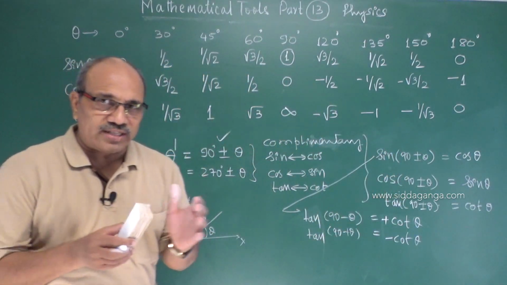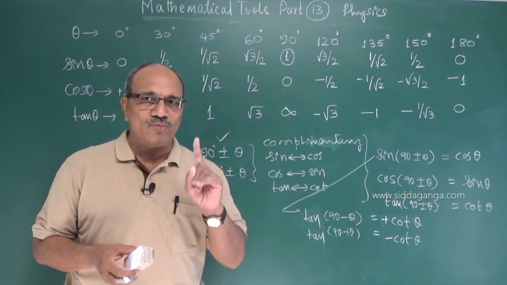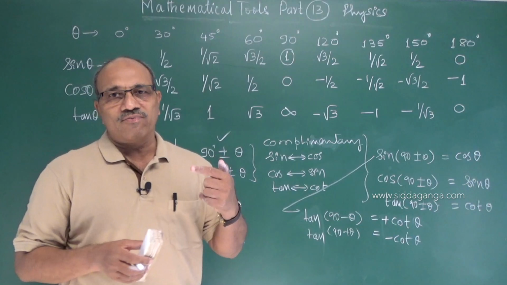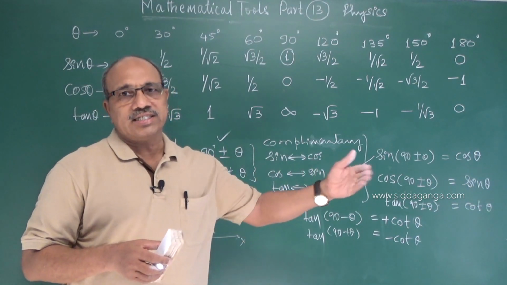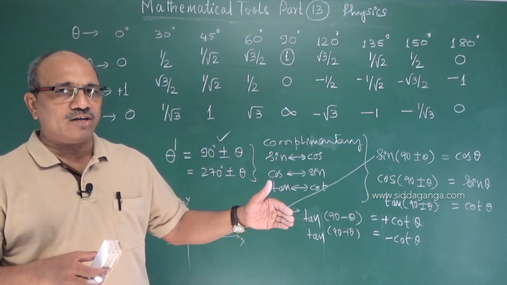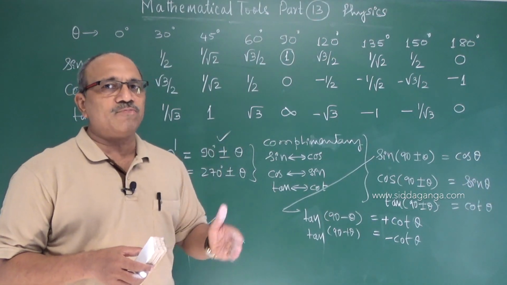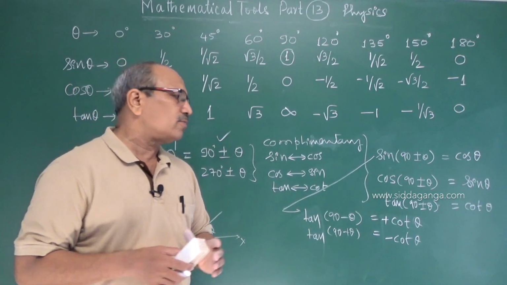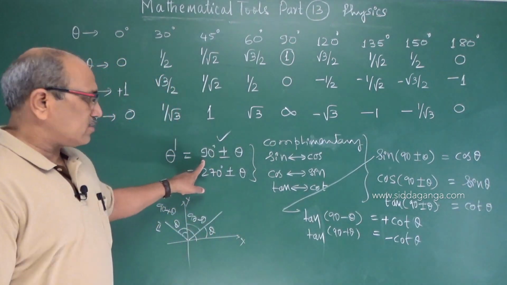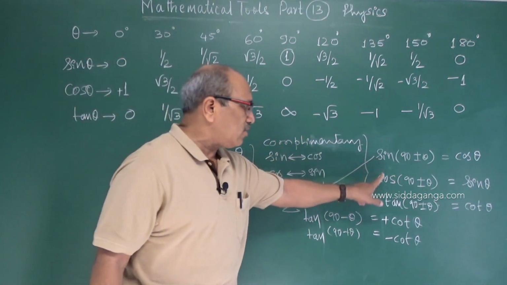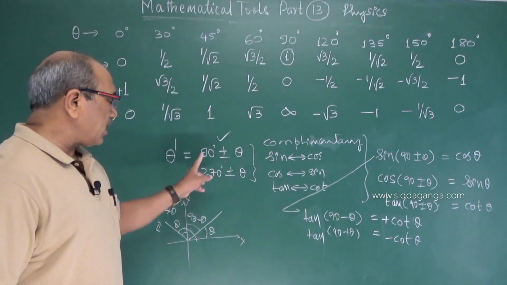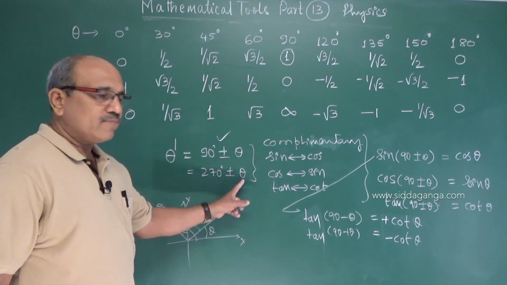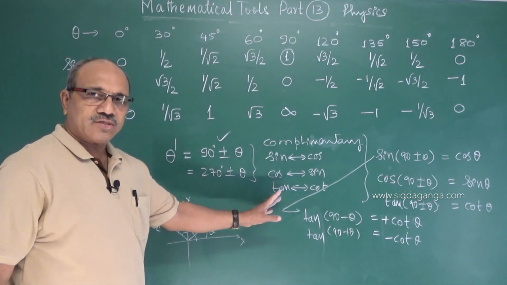So together, I told you one trick, that is, follow ASTC. In the first quadrant, all are positive. Second quadrant, sin is positive. Third quadrant, tan is positive. Fourth quadrant, cos is positive. And taking this, whenever you are measuring sin or cos or tan, if the angle is 90 plus or minus theta or 270 plus or minus theta, complementary angles come.